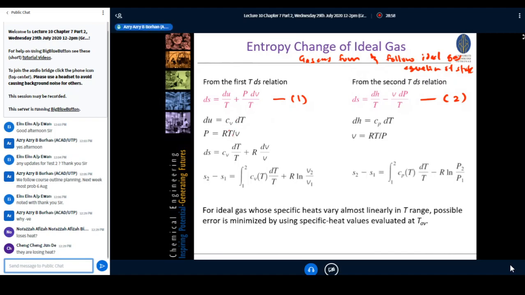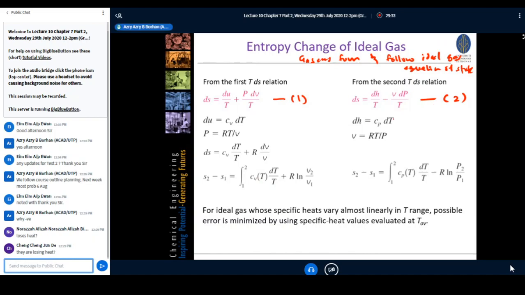So you substitute these two equations into the first TdS, and you end up with this expression: CV times dT over T plus R times dV over V. Now, to find the change in entropy, we have to integrate. CV is a function of T, that means depending on T instead of pressure, right?